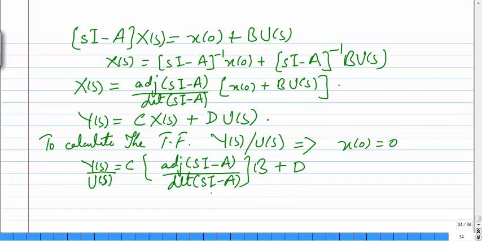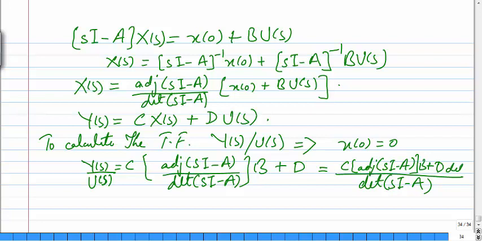Or we can write it as determinant of (sI minus A) equal to C times adjoint of (sI minus A) times B plus D times determinant of (sI minus A).